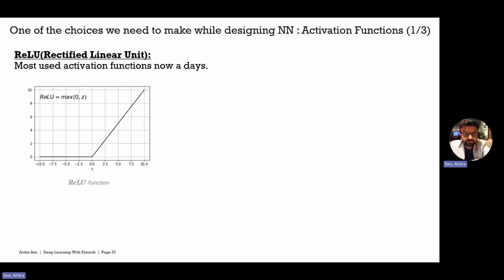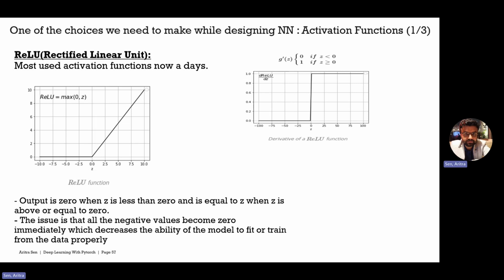Now there is another kind of activation function which we call Relu. Relu is kind of the most used activation function, and by its nature we generally use Relu as the activation function in all the hidden layers. The formula of Relu is: when the value of z is greater than 0, then the output of this activation function equals z.